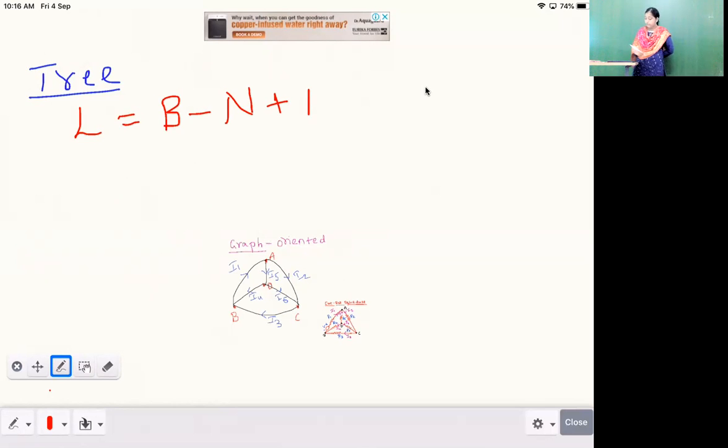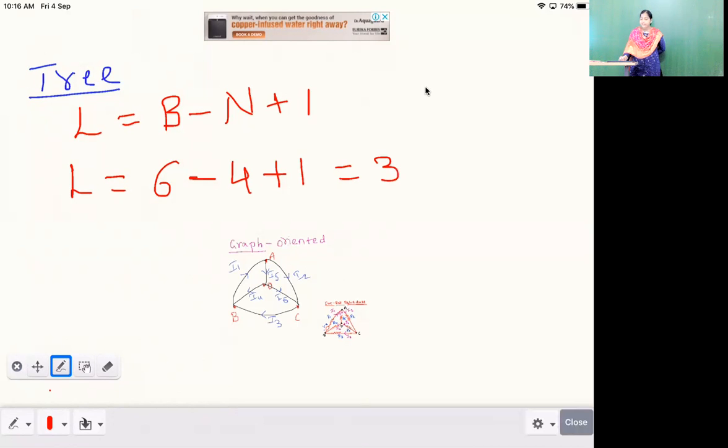Now according to the given circuit diagram, let us find out the total number of links required. Now I have total 6 branches, right? Then I have 4 nodes, then plus 1, which is equal to 3. That means the total number of links which we require in order to draw the tree is 3.